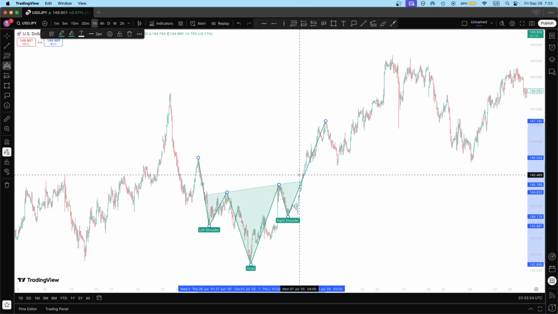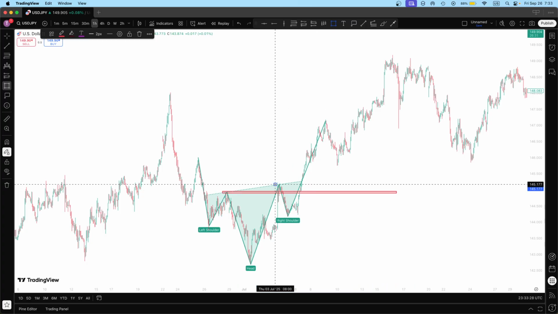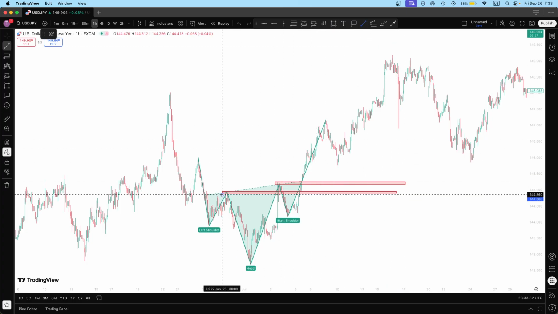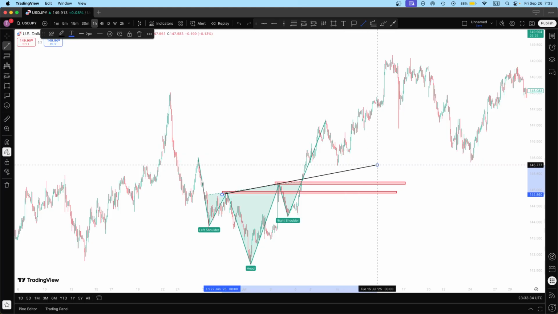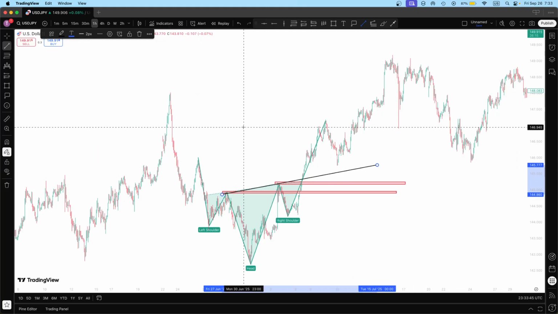So here now we have the neckline here. If we look at it from a trend line perspective, this is a bit slanted, so the market didn't come right to this area, to the retest area, but you see it still advances.